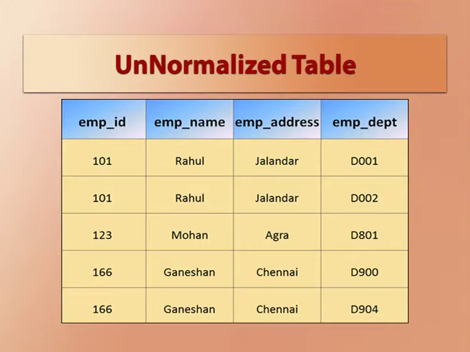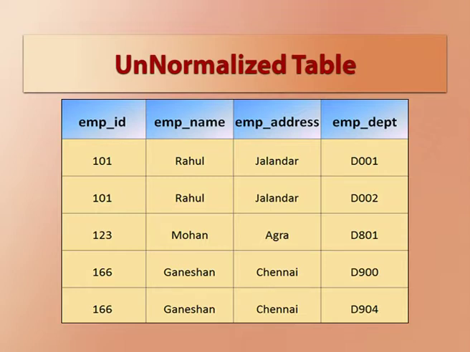Why? Because Rahul is working in 2 different departments, department 1 and department 2. That is the reason the database created 2 different records for Rahul. Likewise Ganeshan also works in 2 different departments, D900 and D904, in Chennai.